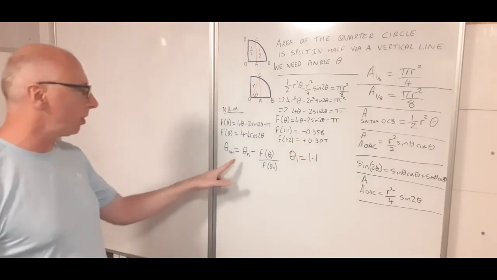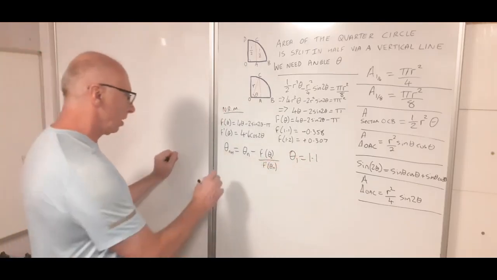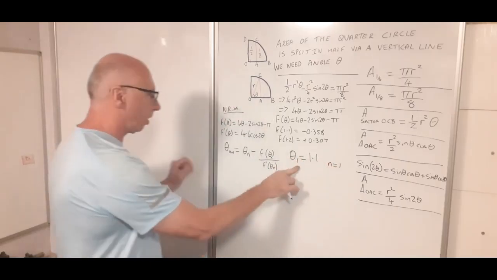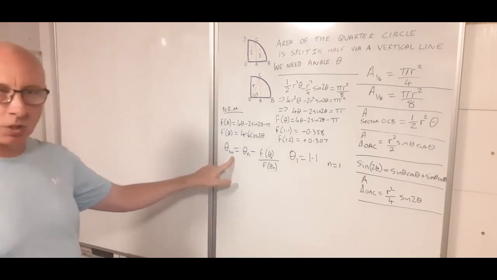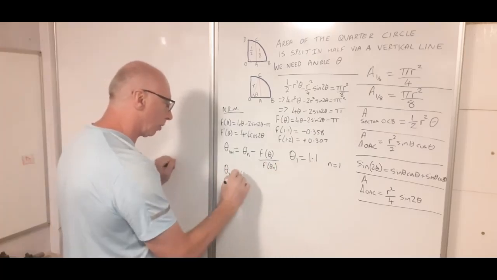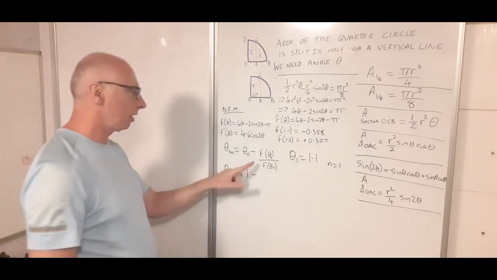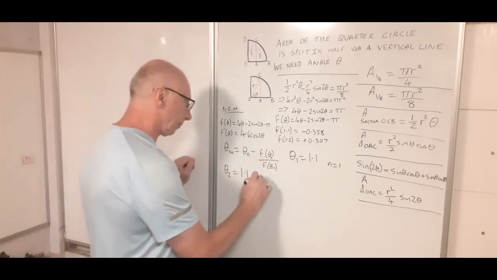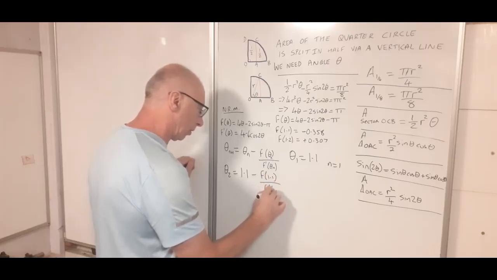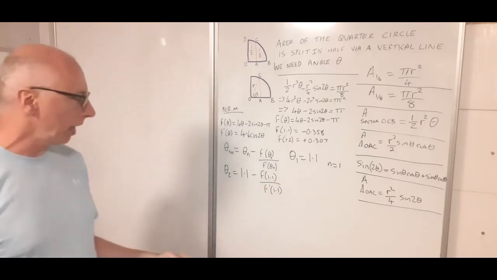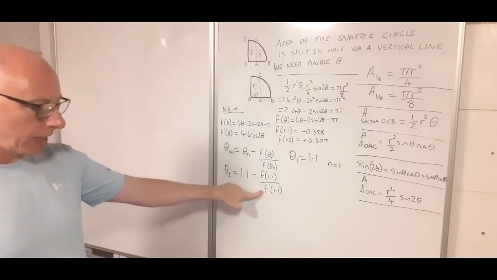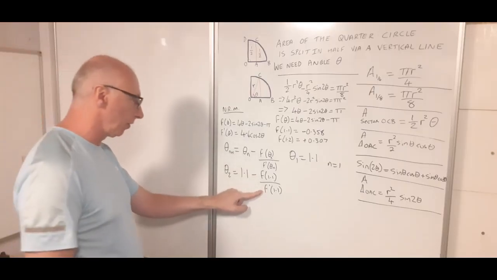Now to find theta 2, we use this formula. Here n is 1, so n plus 1 gives me 2. So theta 2 equals 1.1 minus f of 1.1 divided by f prime of 1.1. These values, I've already worked out. The derivative is 6.354.